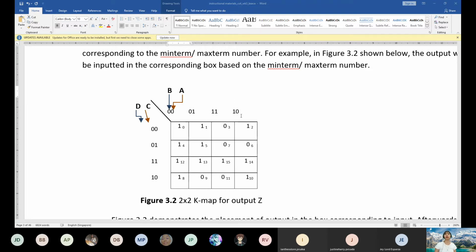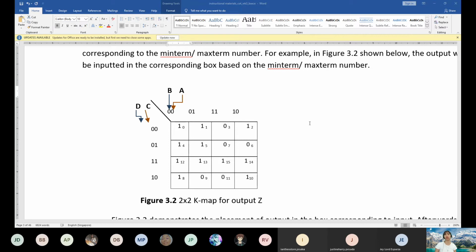So we will write the corresponding square. This square corresponds to input 0, 0, 0, 0. This one corresponds to input 0, 0, 0, 1. Input 2 is 0, 0, 1, 0. Input 3 is 0, 0, 1, 1. Input 4 is 0, 1, 0, 0. Input 5 is 0, 1, 0, 1.